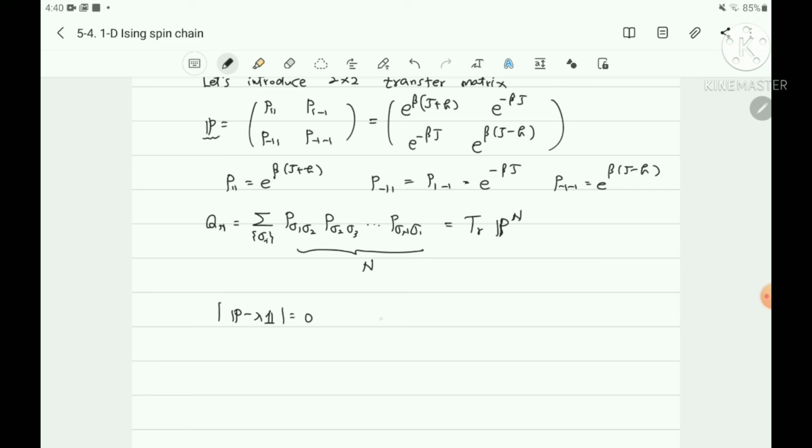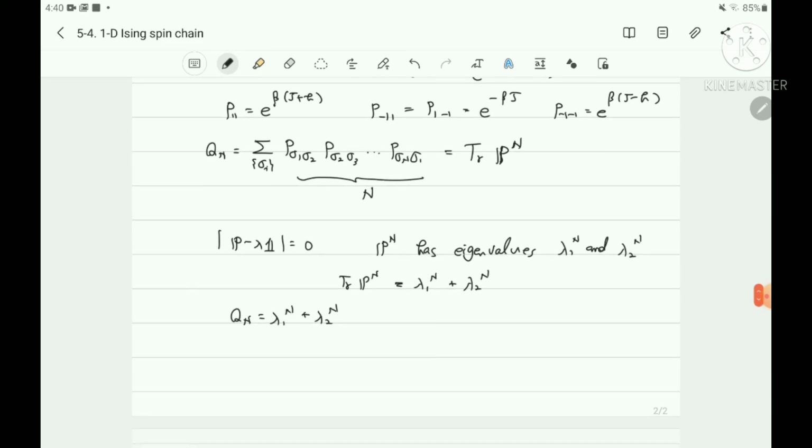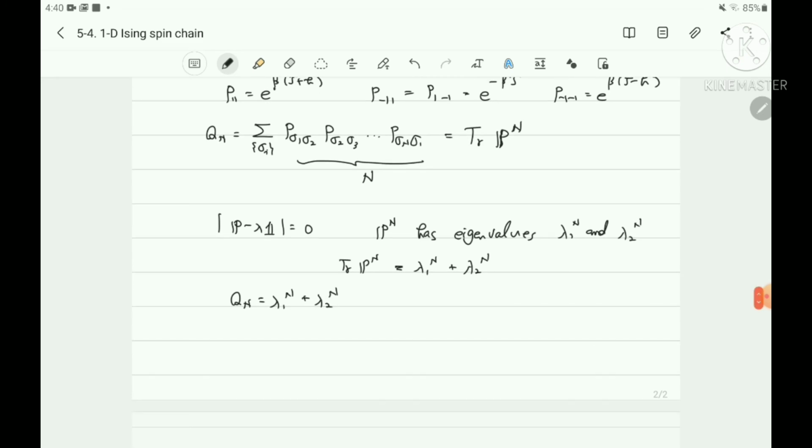Matrix P to the n has eigenvalues lambda 1 to the n and lambda 2 to the n, and the trace of P to the n is the sum lambda 1 to the n plus lambda 2 to the n. Therefore, the partition function is lambda 1 to the n plus lambda 2 to the n. The eigenvalue calculation is important in this case.